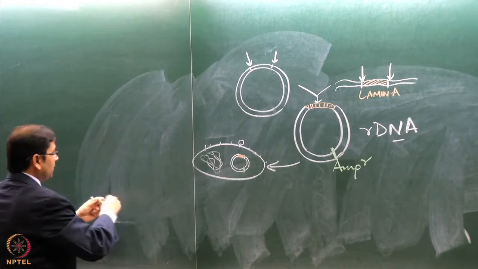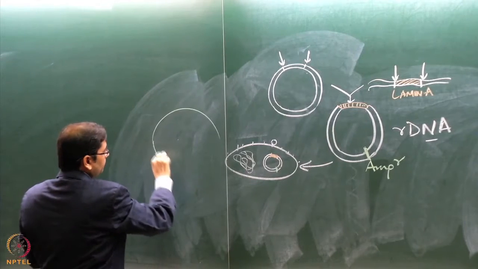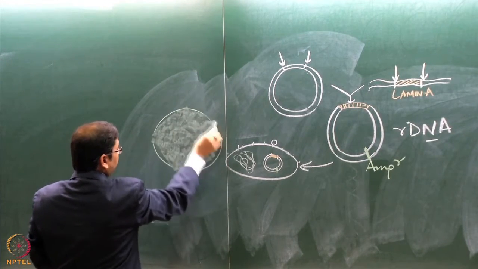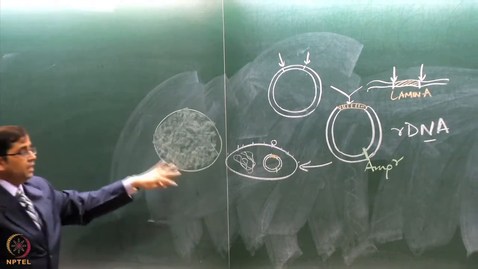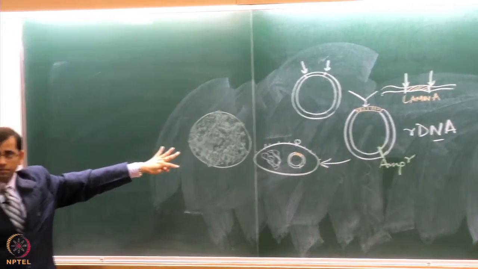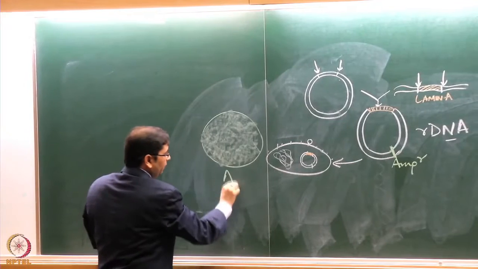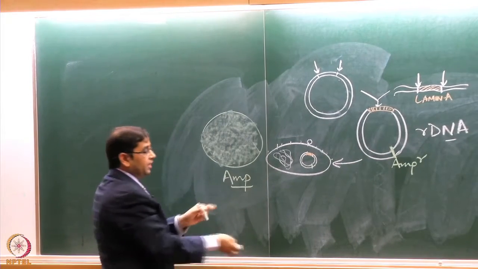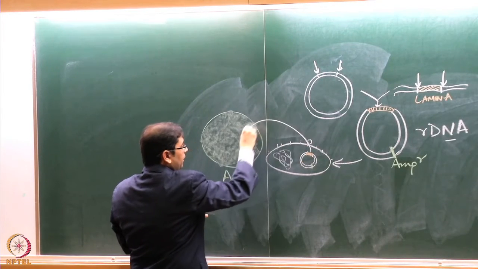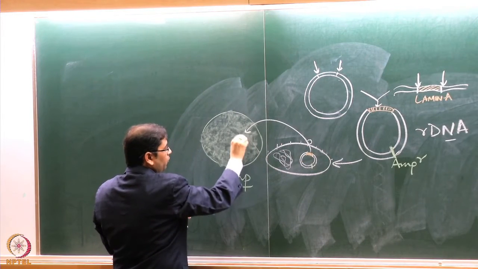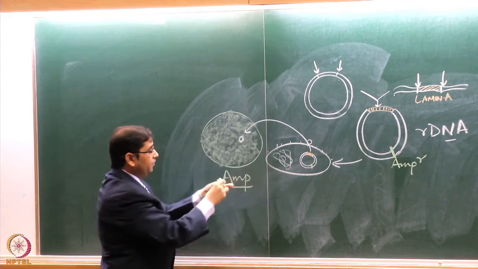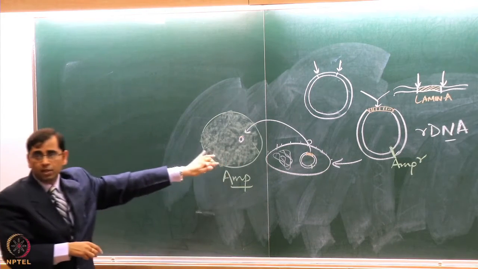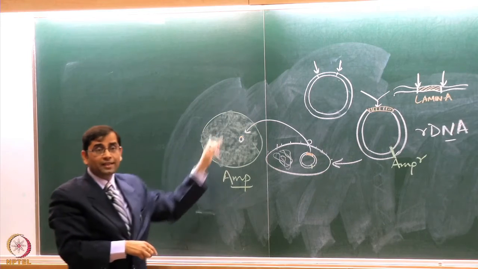If you make a plate, and on that plate you add LB medium agar and you add the ampicillin antibiotic. On this plate you have added ampicillin. So only those bacteria which are having this particular plasmid are going to survive here, and you will see only those which are having your gene of interest are going to survive on this plate, and they will make the colony. This is a way of selection.